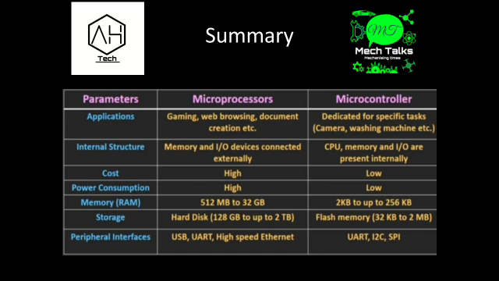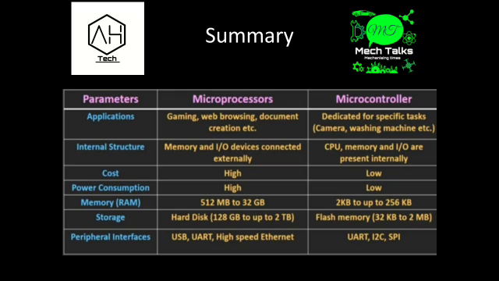If we start with the parameters, first I have talked about the applications. Microprocessors are mostly used in gaming, web browsing, documentation, etc. When it comes to microcontrollers, they are mostly used for specific tasks like cameras, washing machines, etc. And when we talk about the internal structure, a microprocessor has to be connected with the memory and IO ports externally, while a microcontroller has the CPU, memory, and IO ports present internally.